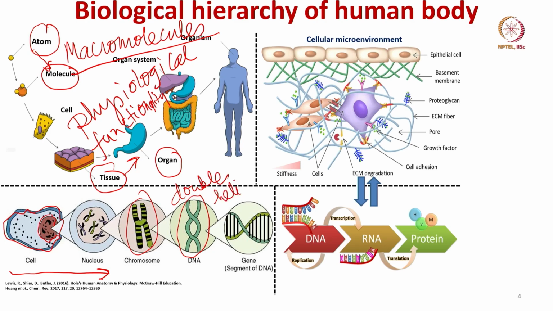The double helical structure of the DNA, you already learned in your school biology. And then you have a gene, which is the segment of DNA that contains the genetic information or genetic codes. That is why it is called a gene.